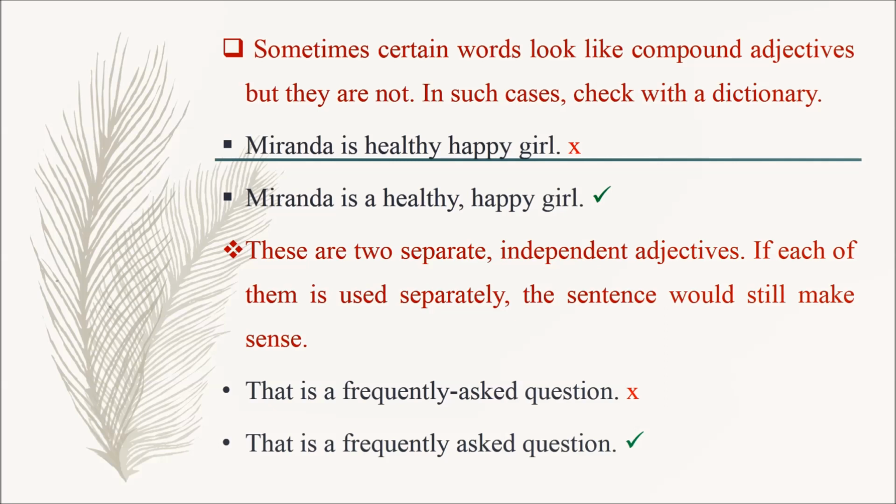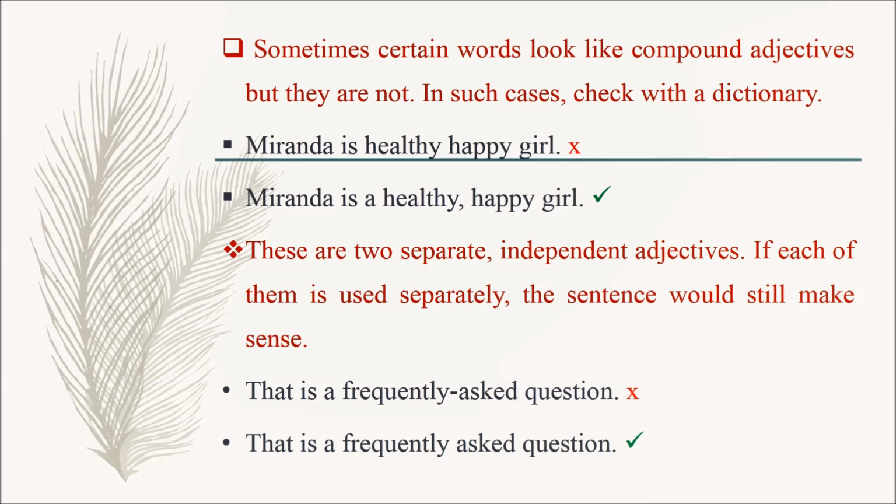This is an incorrect sentence, whereas the correct sentence is: Miranda is a healthy, happy girl. These are two separate independent adjectives. If each of them is used separately, the sentence would still make sense.